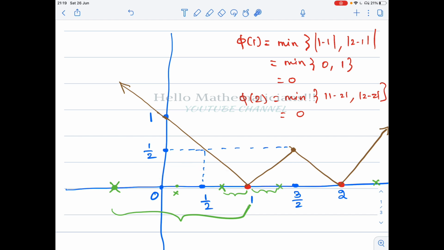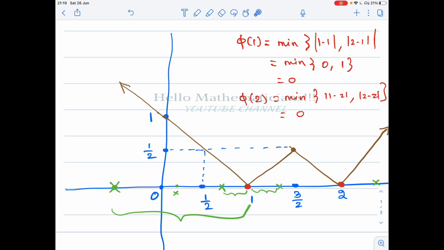I hope it is clear. The more points you take on this side, the distance between x and 1 is less than the distance between x and 2, so the curve keeps going like this. I hope it is clear why the graph looks like this. Similarly, now we come to the right side of 1.